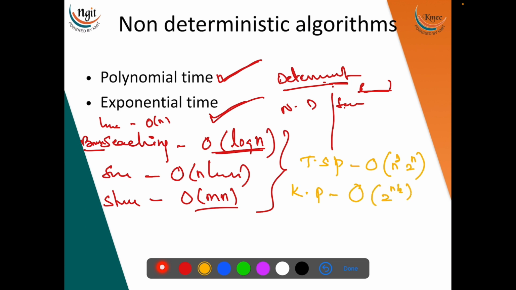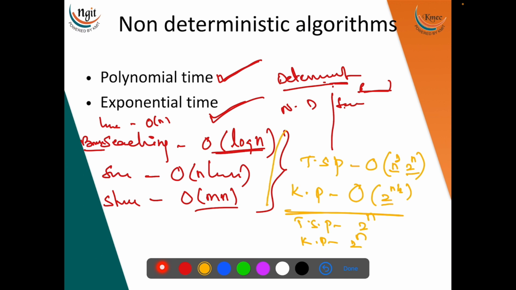Whether it is n square into 2 power n or 2 power n by 2, it is exponential time. That means I'm generalizing these two: the traveling salesperson problem takes exponential time, the knapsack problem also takes exponential time, and the earlier ones take polynomial time.